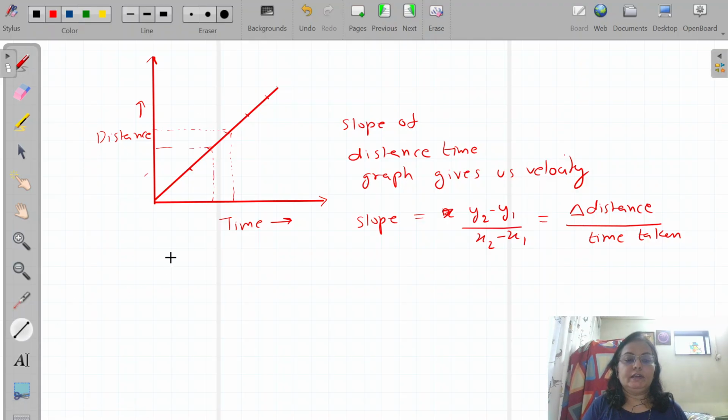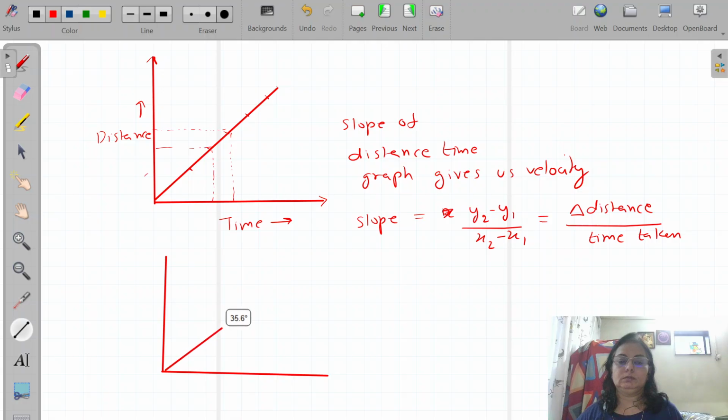On the other hand, if we draw a graph like this, if this is distance and this is time, then the object is covering unequal distances in equal intervals of time. So this is non-uniform motion.